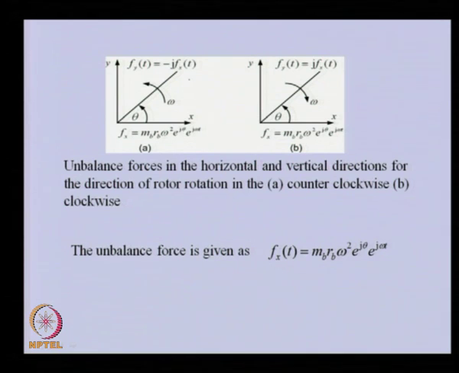And this is the case when the shaft rotation is in the other direction. So in this particular case, the y axis will be leading the x axis by 90 degrees. So the force components in the y direction and x direction will be related by this. So instead of minus j, now only j will be there. So we have considered this particular case.